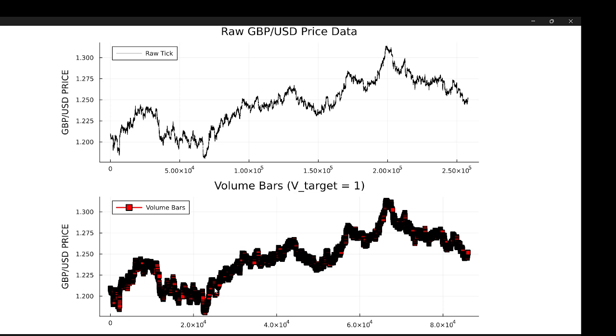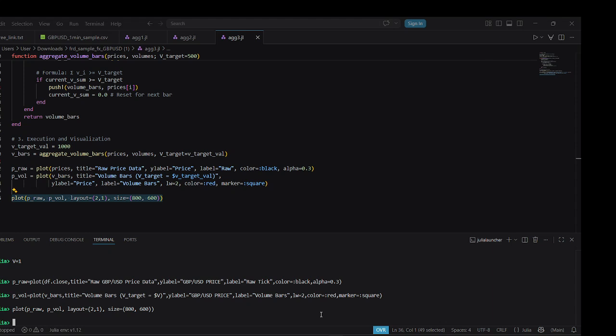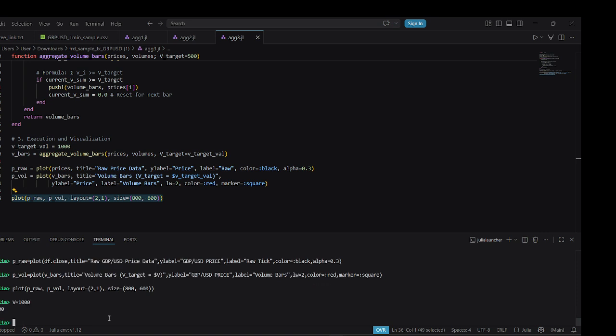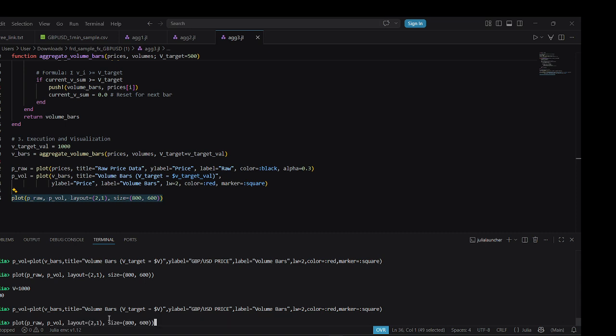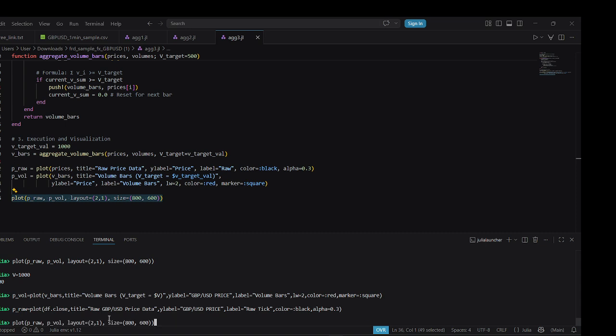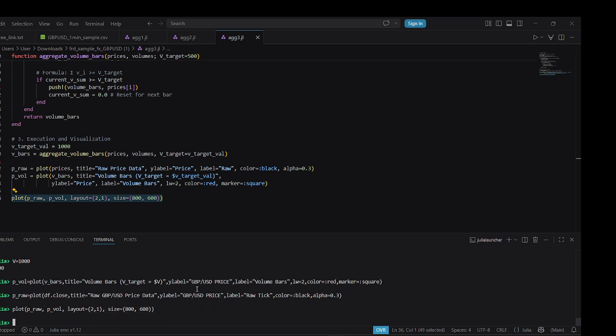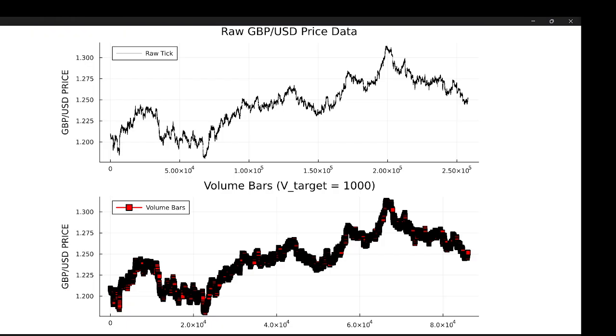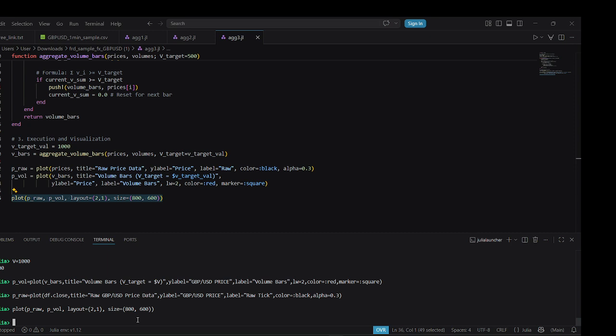I don't know if you can see the difference, but I'm going to increase the volume target just to make it a little bit more obvious. I mean, the subtleties are observable if you pay attention. Wait, I think something is wrong.